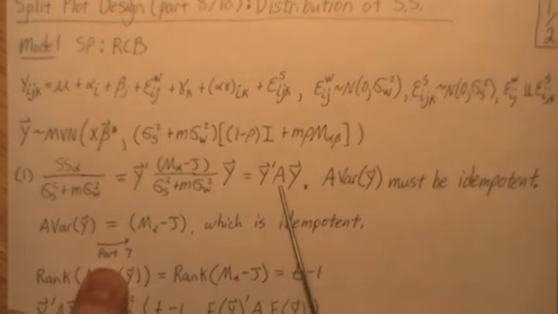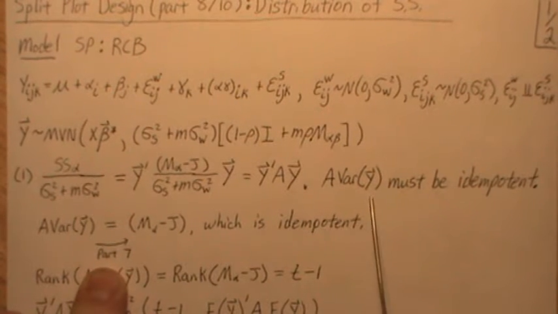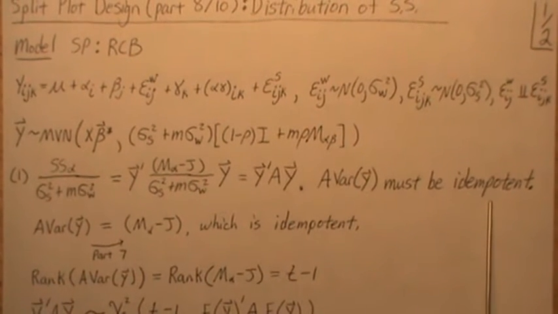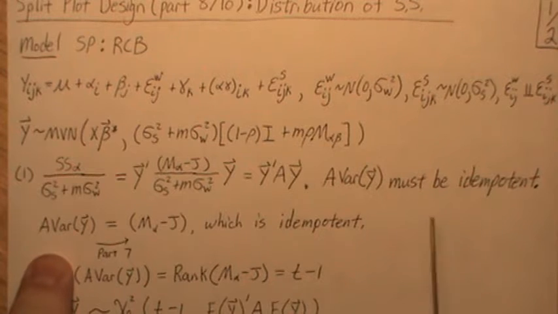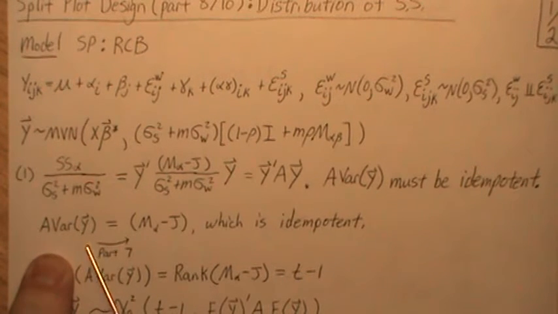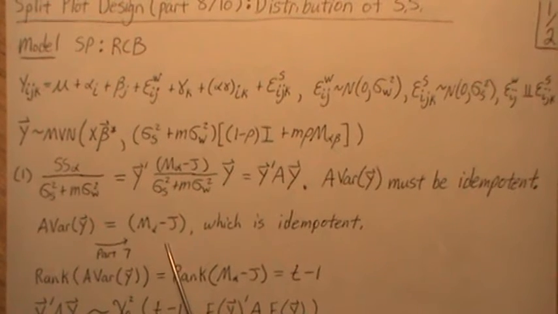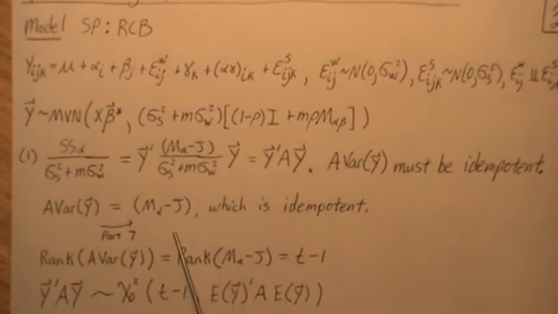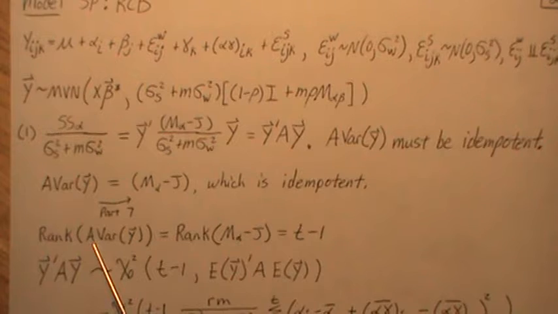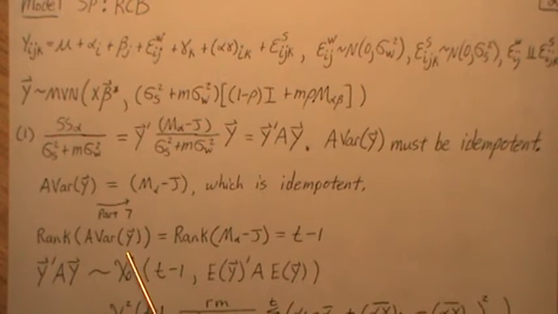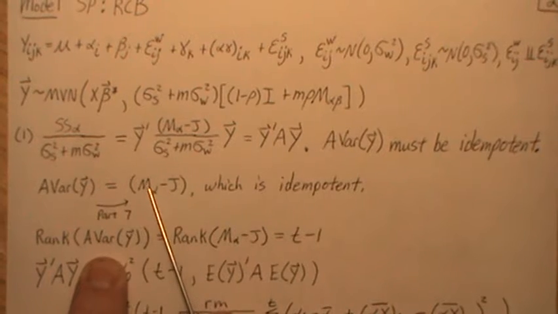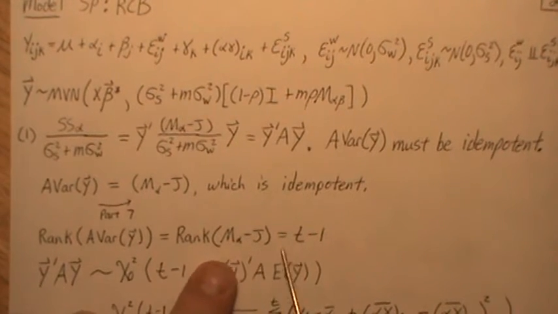But essentially, we need A times the variance of y to be idempotent for this theory to work. And in part 7, we showed that it equals this perpendicular projection matrix, which is idempotent. And we've also shown that the rank of A times the variance of y is going to be t minus 1.